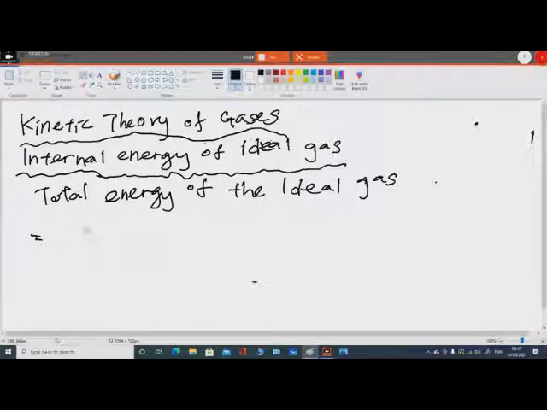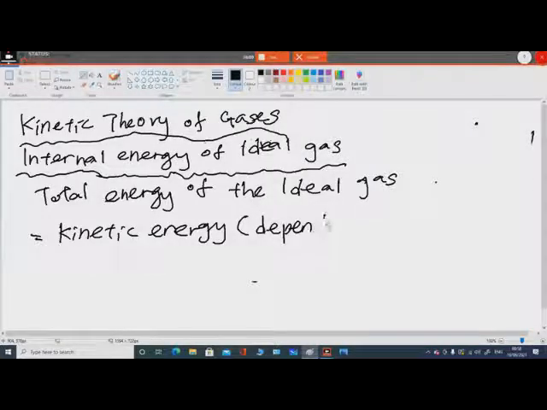So it means no intermolecular forces and hence no potential energy. So the total energy for the ideal gas is only the kinetic energy. This kinetic energy, we know, for the gases depends on the temperature.